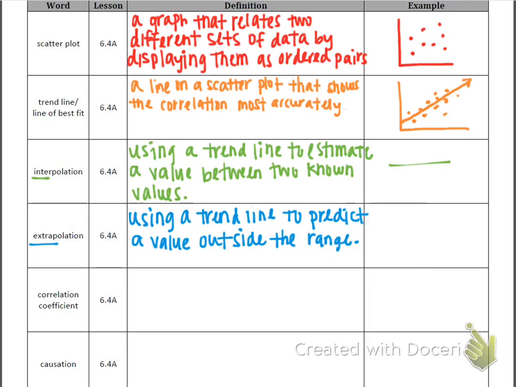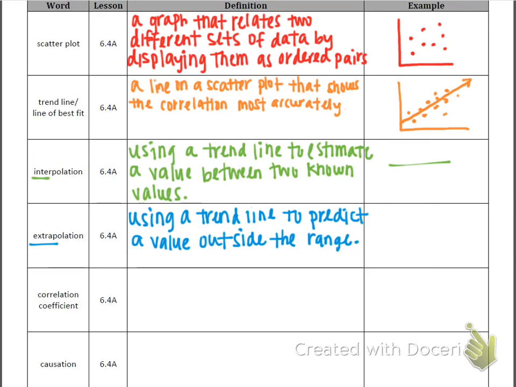The example that we're going to do in class today is baby pandas, using data on their age and their weight. The data gives a baby panda's weight based on its age, but we only measure every other month.